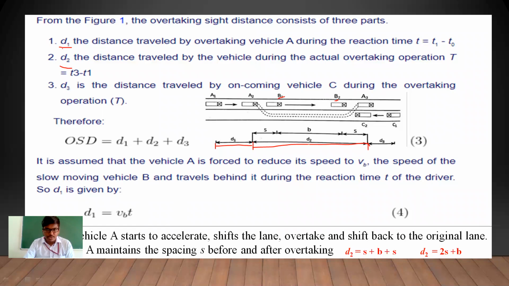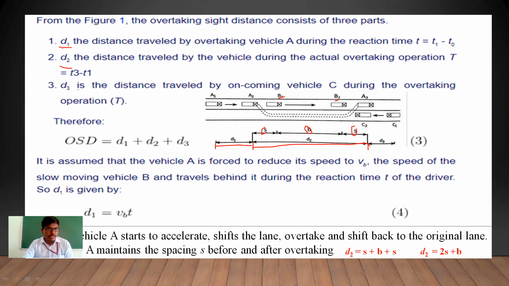So D2 is split into three: the spacing small s between vehicle A and vehicle B before overtaking, the distance between the positions B1 and B2 of vehicle B, which we represent as small b, and again spacing small s, the distance between vehicle B and vehicle A after overtaking, at positions B2 and A3.